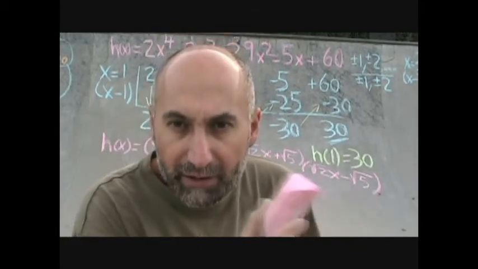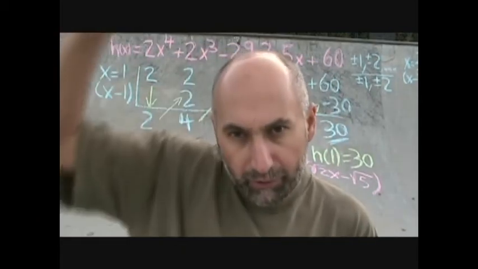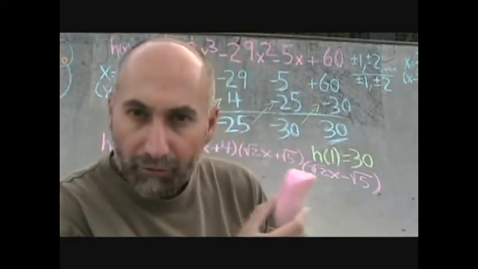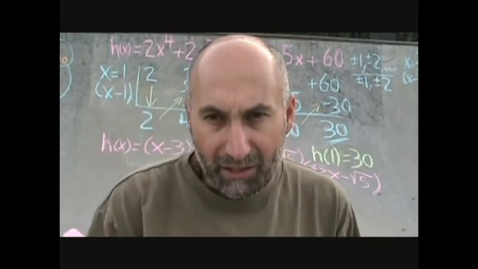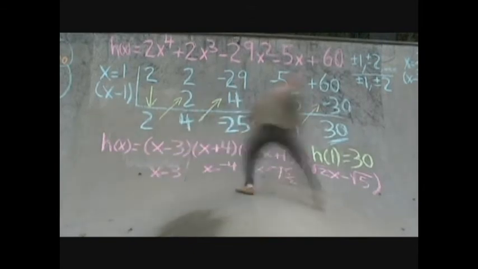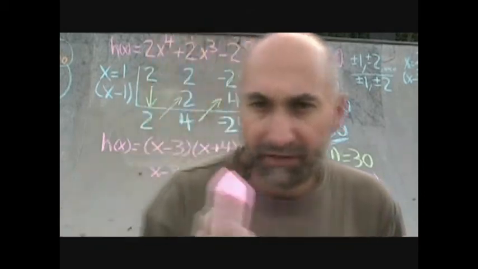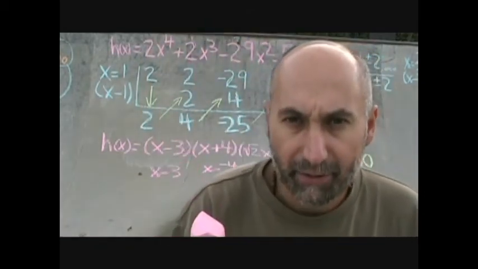If you FOILed out this whole thing, you would end up with your original function. And each one of those points is going to be an x-intercept.